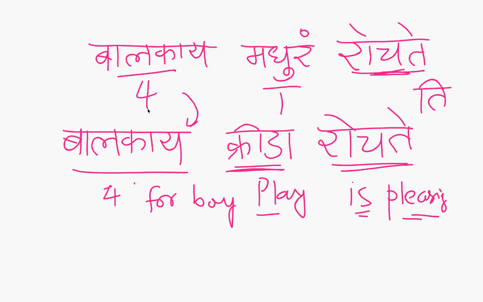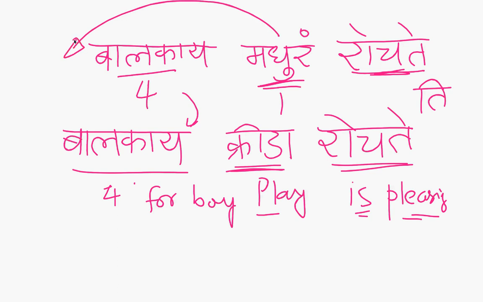Krida rochate. Krida is the one which is pleasing somebody. Think of your madhuram as some sweet snack, like a laddu. That sweet snack is pleasing for this balaka. So, madhuram balakaya rochate. You can put this madhuram in the beginning, then it becomes like a kartrupadam.